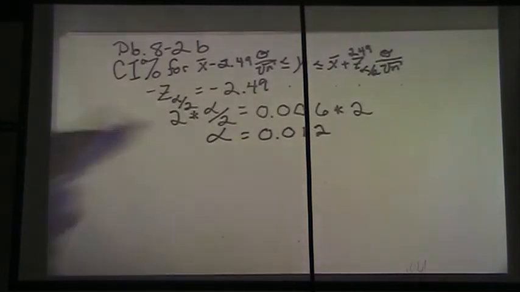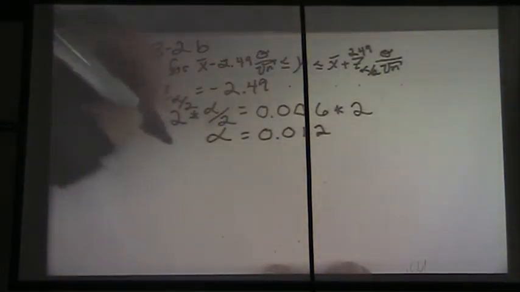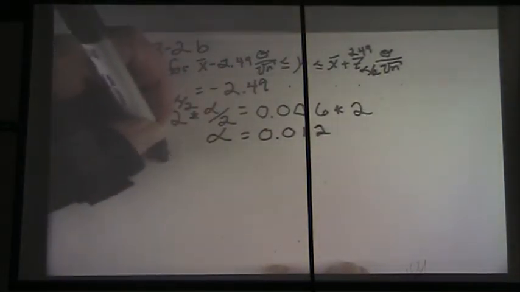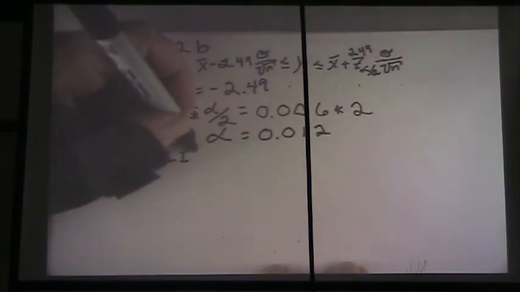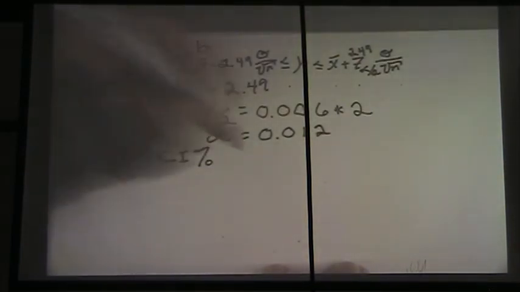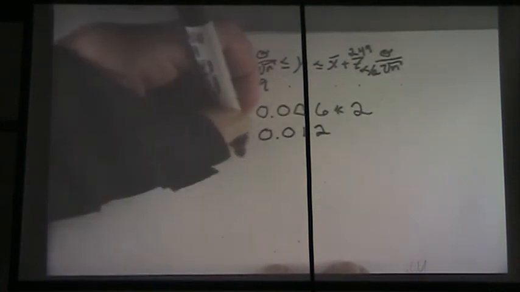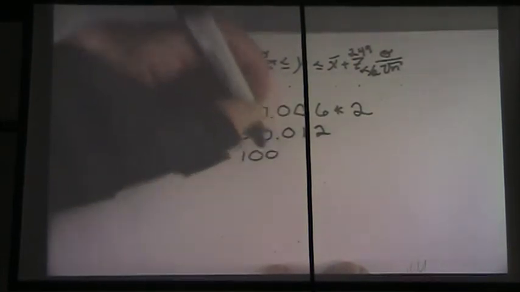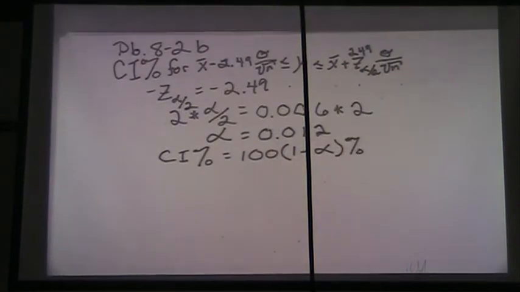From there, I'm going to go back to my old-fashioned confidence interval formula. Confidence interval percentage equals 100 times the quantity 1 minus alpha, and that's going to be a percentage.